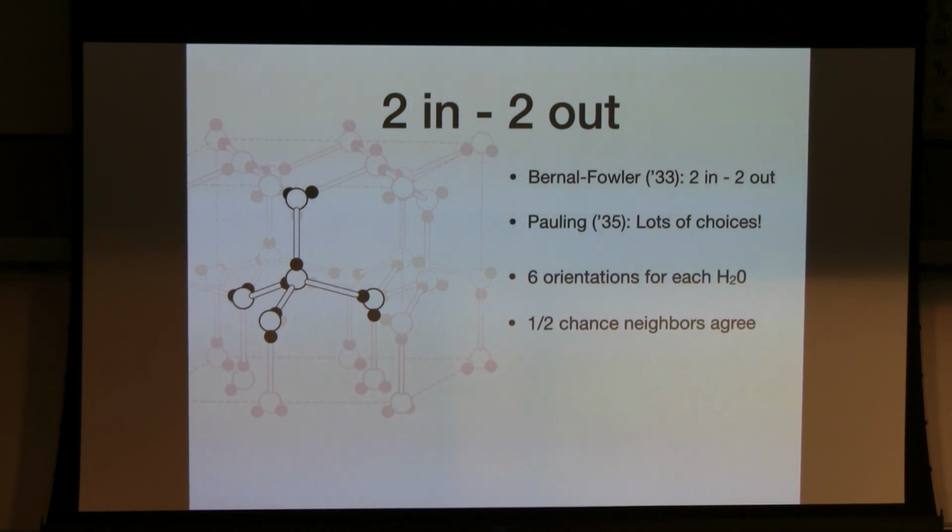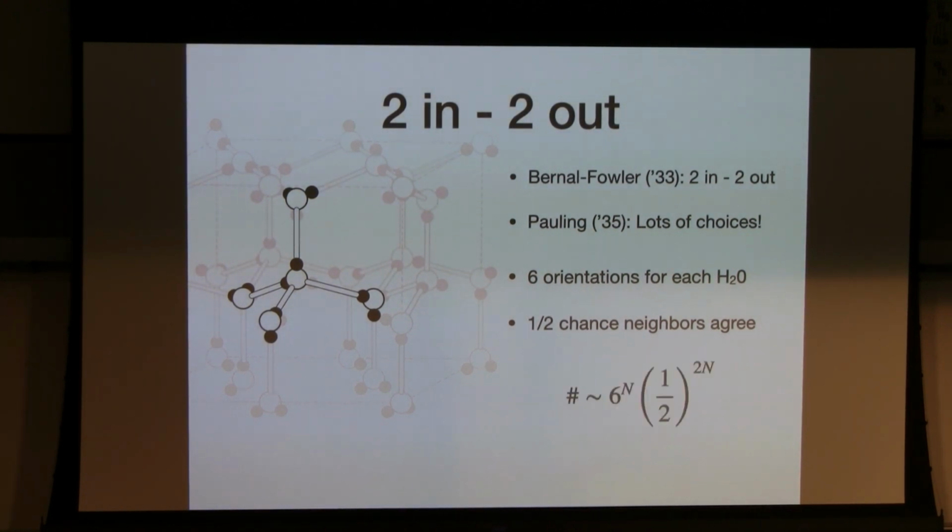There are 4 choose 2, which is 6, orientations for each of those water molecules. I have to pick which 2 of the 4 bonds have the hydrogen close. And if I did that independently, then there'd be roughly a half chance that each of the neighboring water molecules would agree that the hydrogen bond was correctly created.